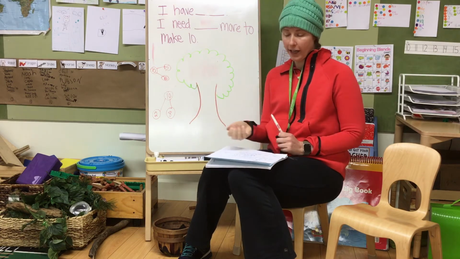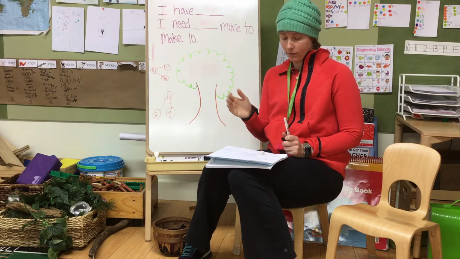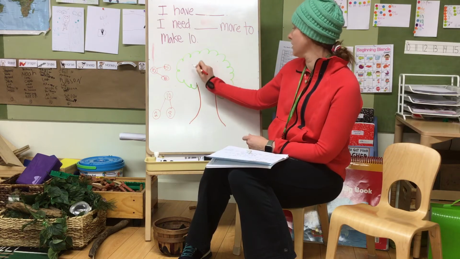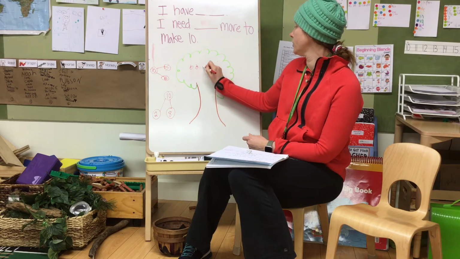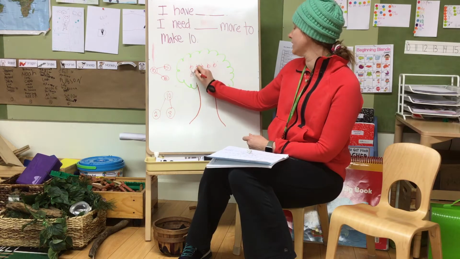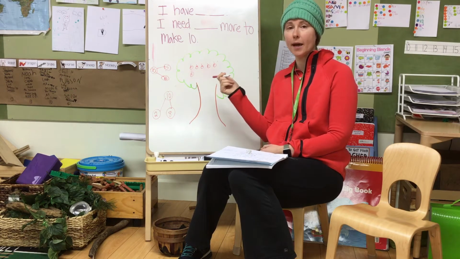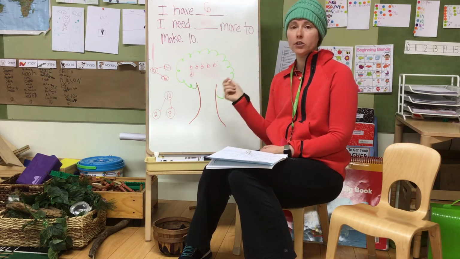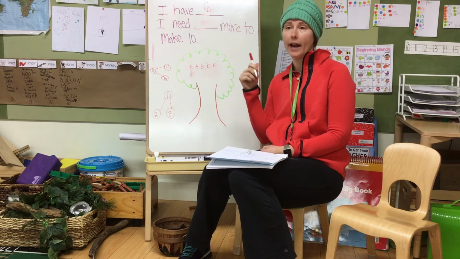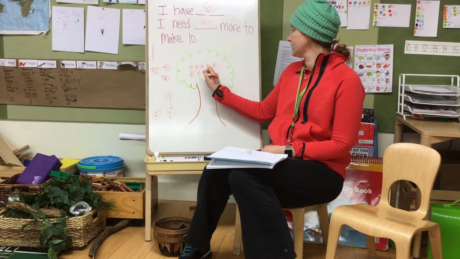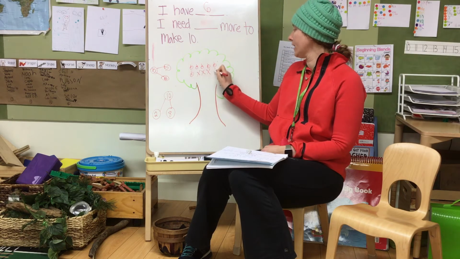So I'm going to roll the die again. Oh, this time I got 6. So I'm going to draw 6 apples. 1, 2, 3, 4, 5, 6. So those are my 6 apples that I have. Now I need to draw the rest in, and I'll do X's again so it's really clear what I have and what I need. 7, 8, 9, 10.